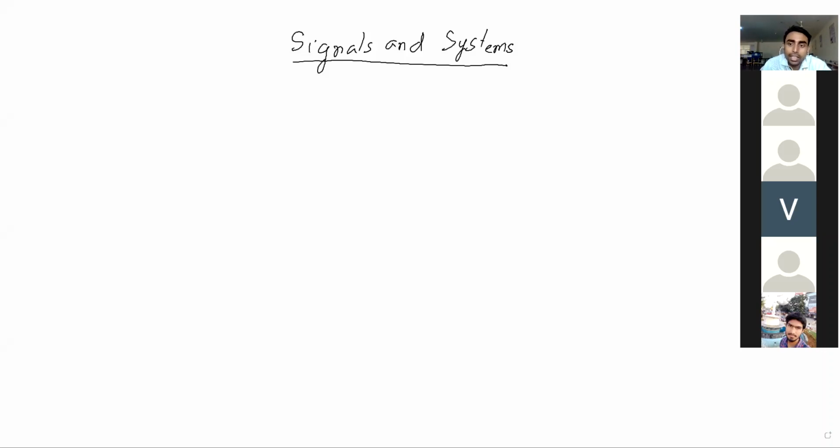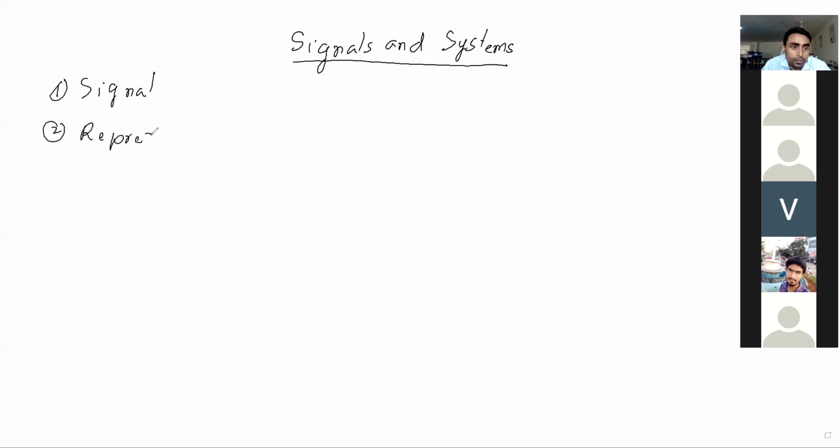As we already learned in the last classes, I have taught about signals and about different representations of a signal.